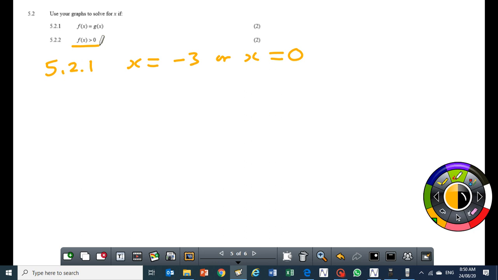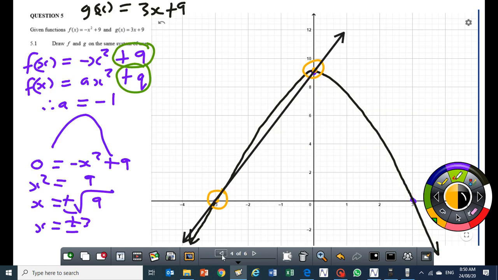So to get that, you need to go to the graph. So where are the y values positive? If you look at it, because of the shape of the graph, the y values of the quadratic are going to be positive above the x-axis. Below the x-axis, the y values are negative.